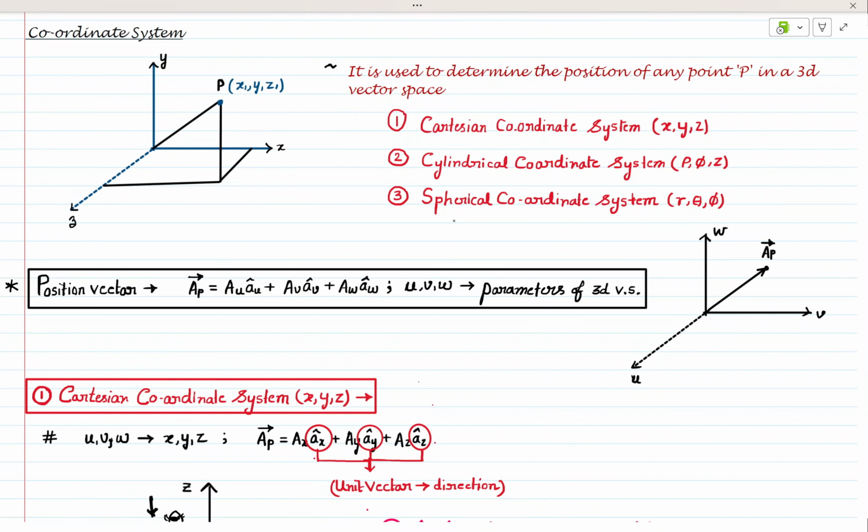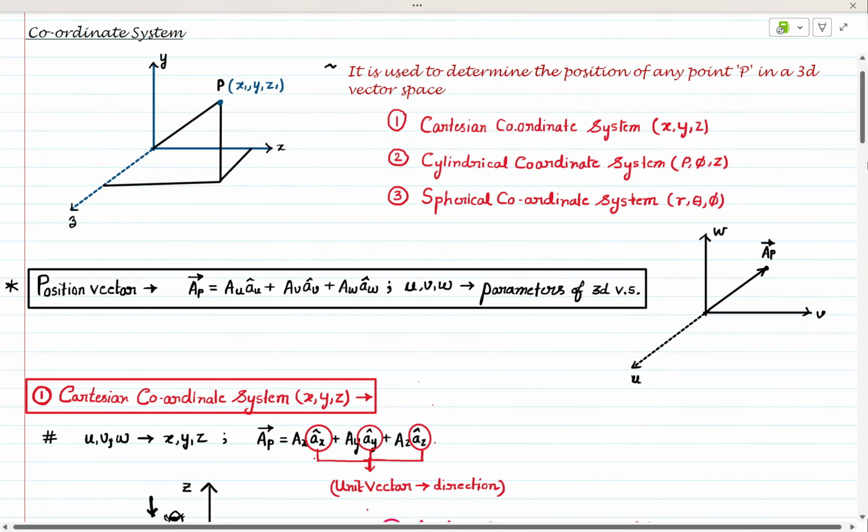In the Cartesian coordinate system, the parameters u, v, w of the three-dimensional vector space were given by x, y and z. And similarly, the coordinates u, v and w are represented by rho, phi and z.